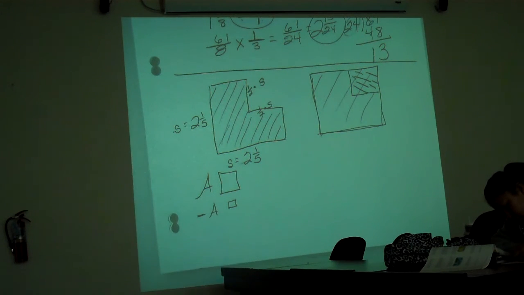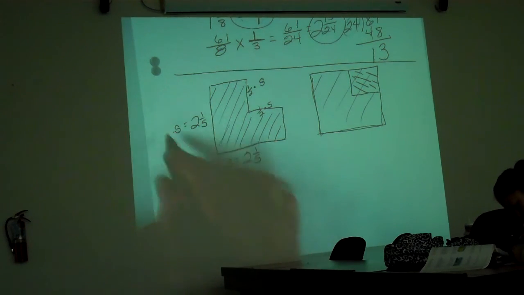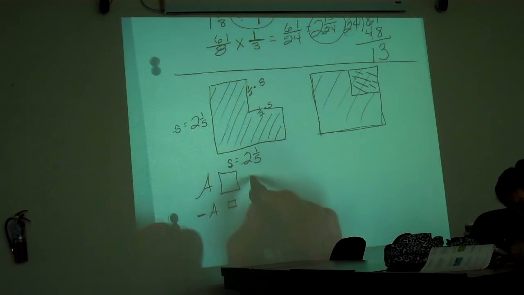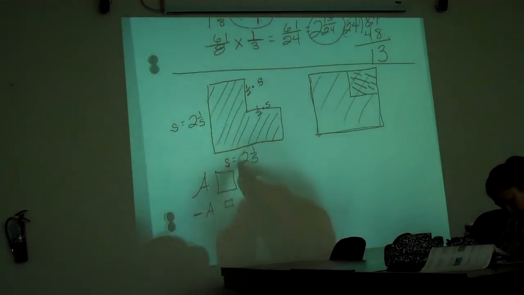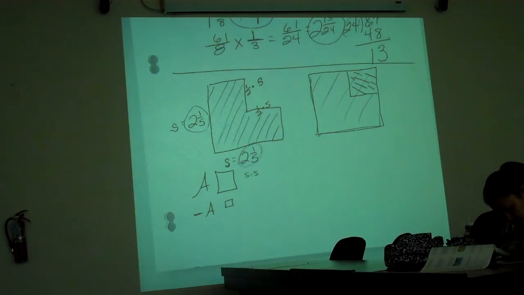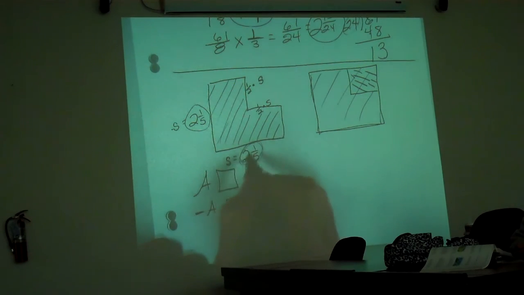What's the area of a square? What do you do to find the area of a square? Yeah. Base times height, length times width, side times side. Since this is a square, it's side times side, so we're going to do the side times side to get the area of the big one. So we need to turn these into improper numbers first. 5 times 2 is 10, plus 1 is 11.